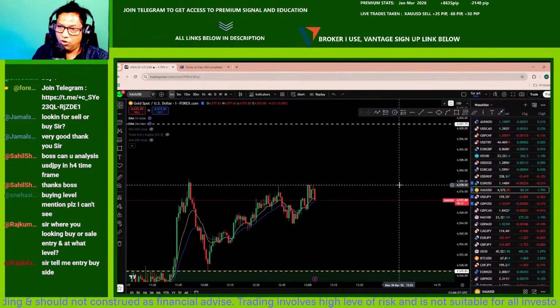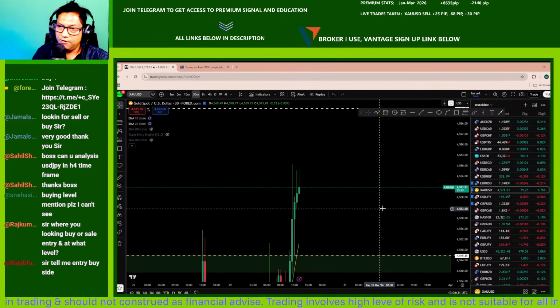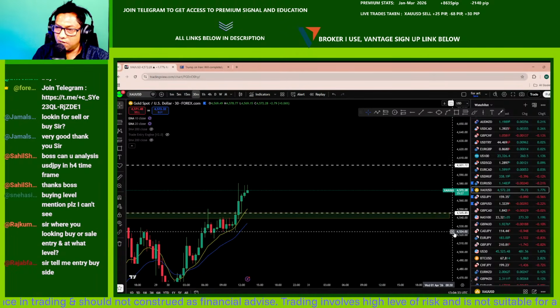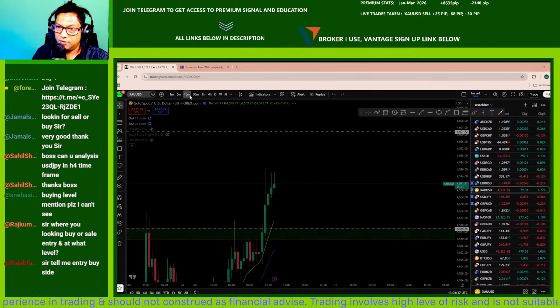Of this key level, it's coming for this deeper pullback here, and that might take this market well below to this support level.